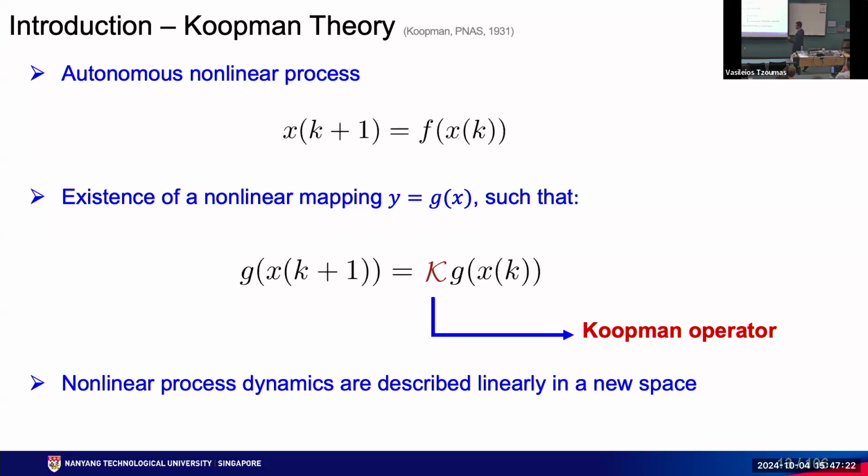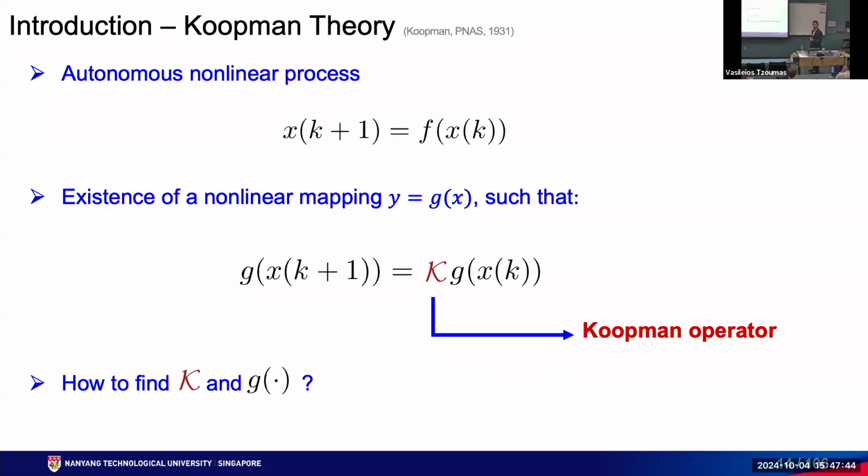It's something we need to explore. There always exists such a nonlinear mapping such that the observables in the latent space, or in the lifted space, will be governed by a matrix K. This is the Koopman operator. In this way, we govern the dynamics of the nonlinear system in a lifted space in a linear manner.